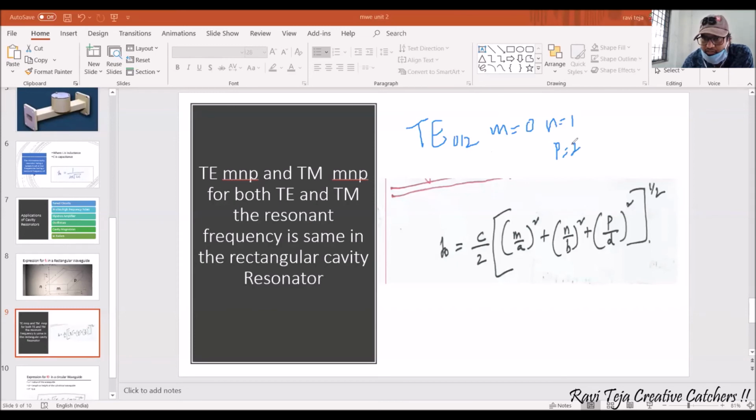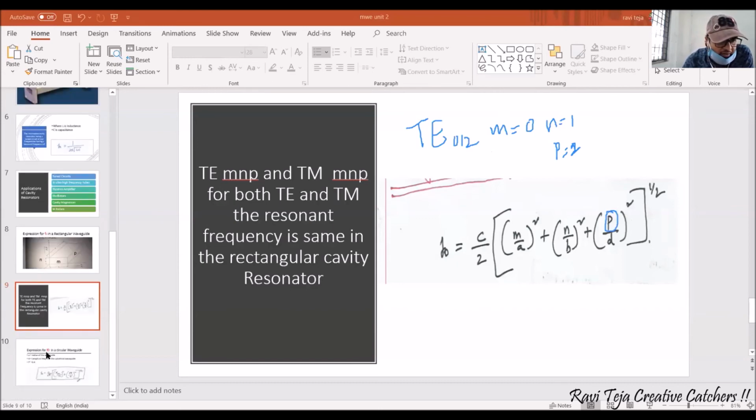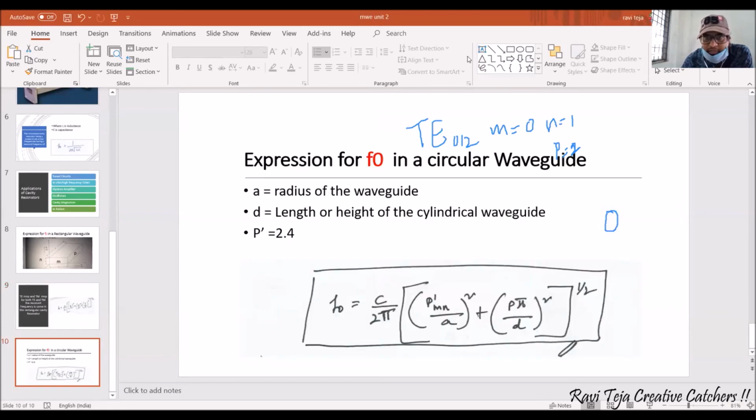Understood? So this value should be substituted in the small p, not in the capital P.